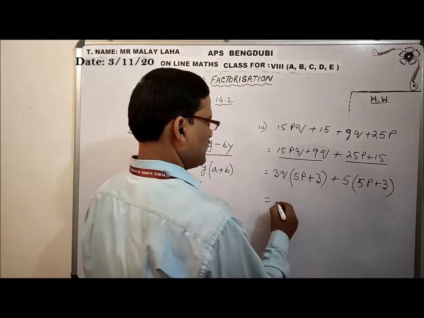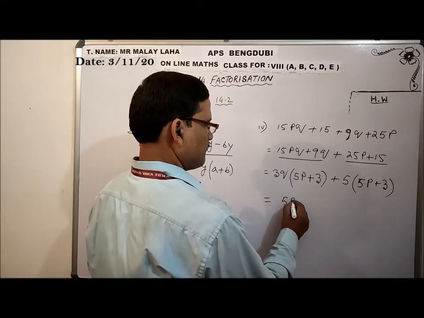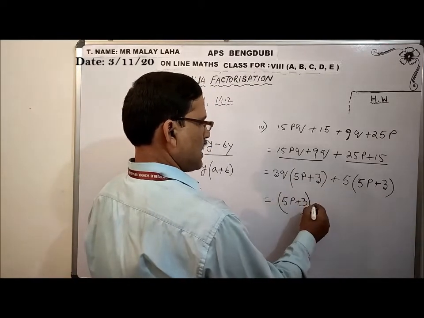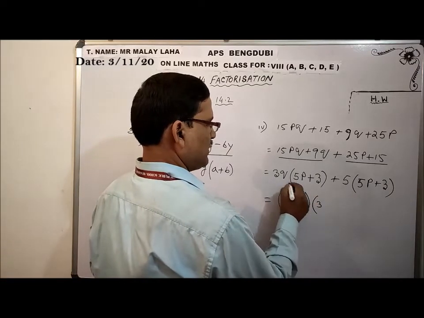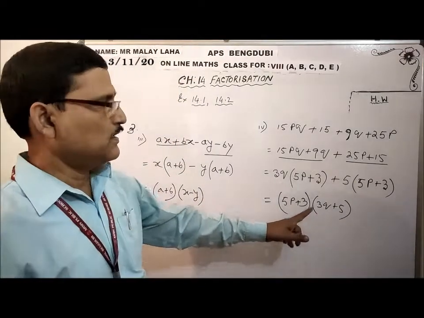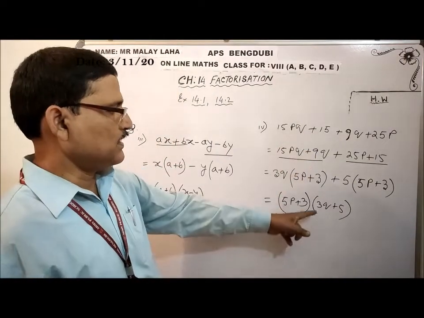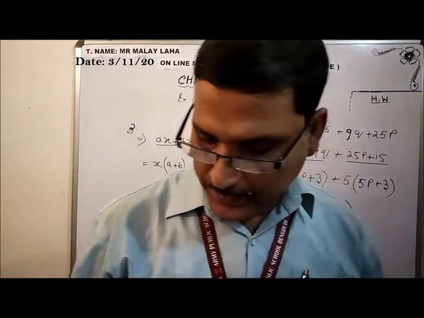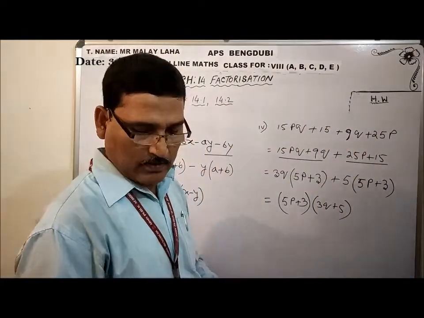What is the final common here? 5P plus 3 is one common factor for both the expressions. And what is left out? 3Q from here and 5 from there. So this is the expression and this is the factorization. Clear? You will practice. Practice makes the man perfect. Okay?